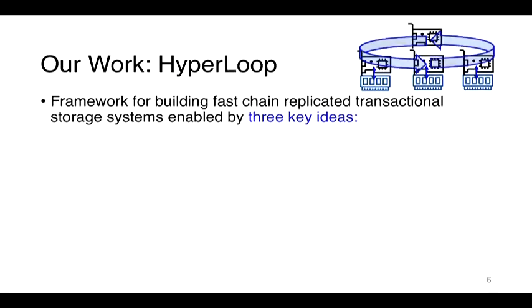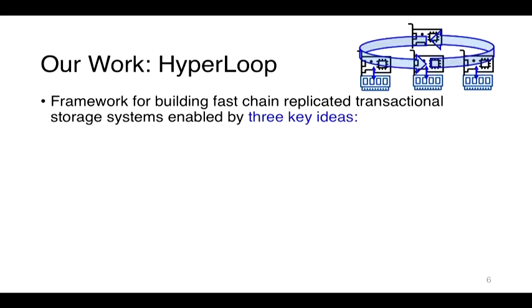To meet this goal, we present HyperLoop, a framework to enable fast replicated transactional storage systems. HyperLoop by itself is not a full end-to-end storage system, but rather it provides building blocks that developers can use to build such systems. In particular, we focus on chain replication as it's widely used today.